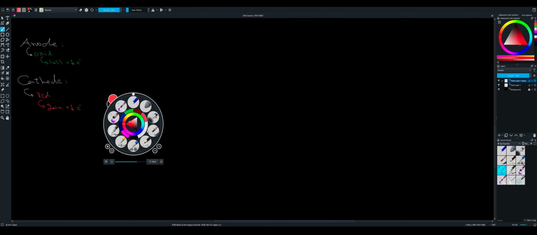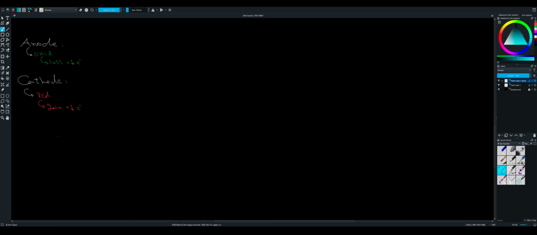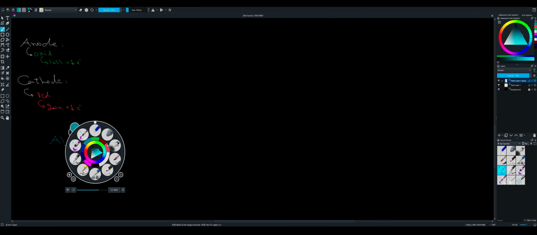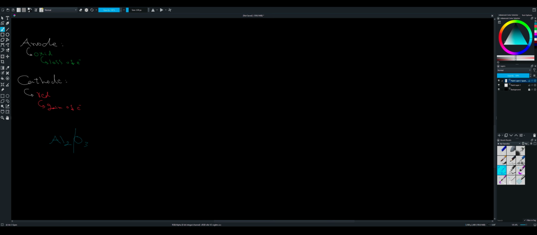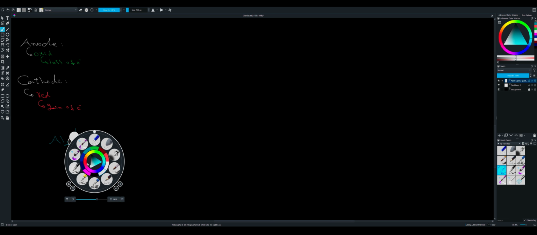The compound that's actually reacting in our reaction here is aluminum oxide, which is Al2O3. If we break this down into cations and anions, let's do neutral.